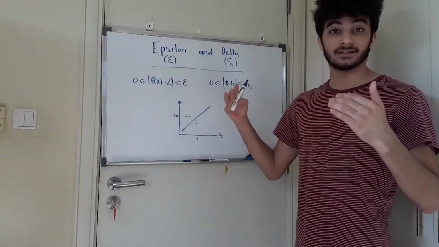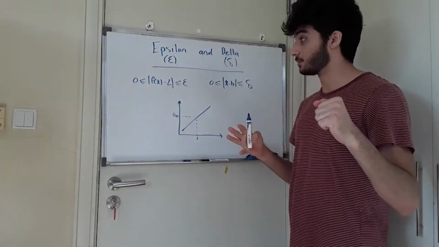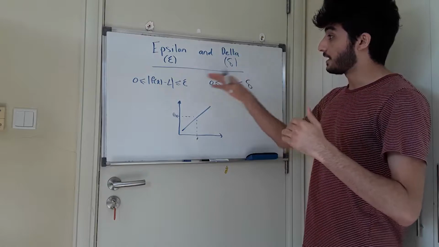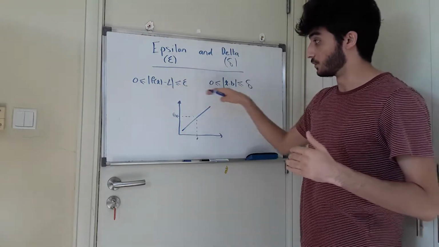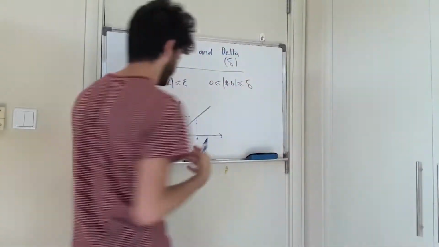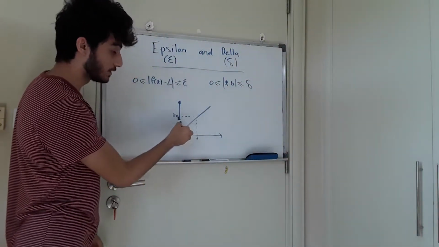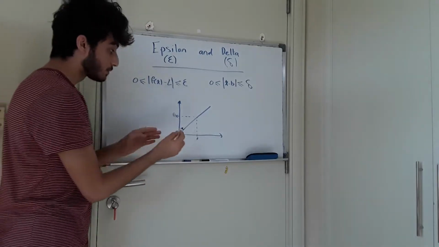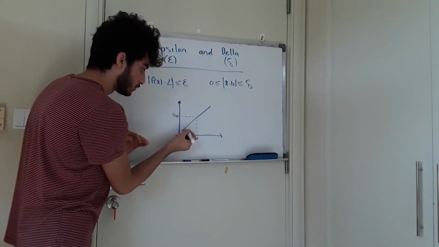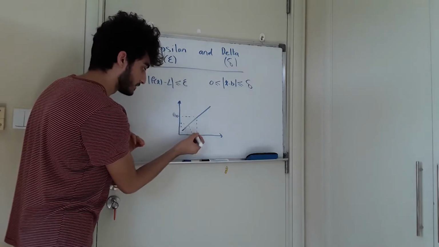What epsilon and delta mean is just a small positive number, and these are the two formulas that you need to know. And what do they actually mean? Well, let's take this function for example. If we have a point x here and its corresponding point fx, as we approach x, we're also going to be approaching fx.